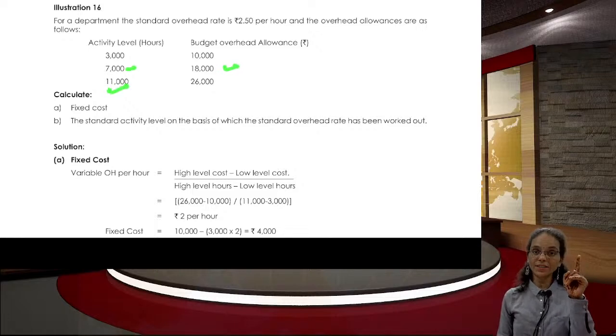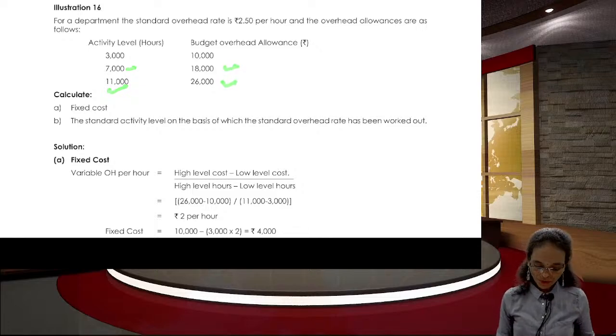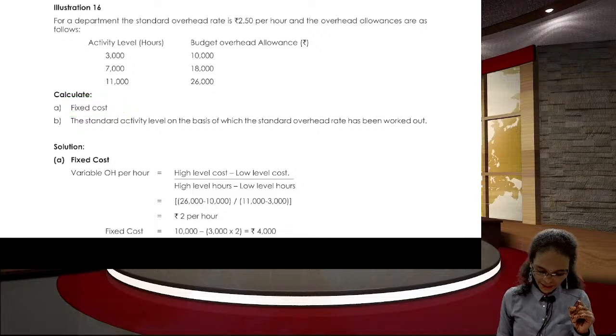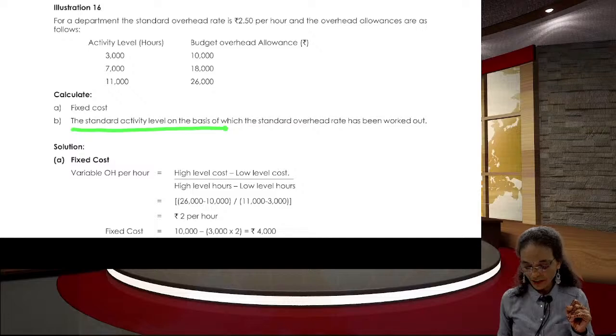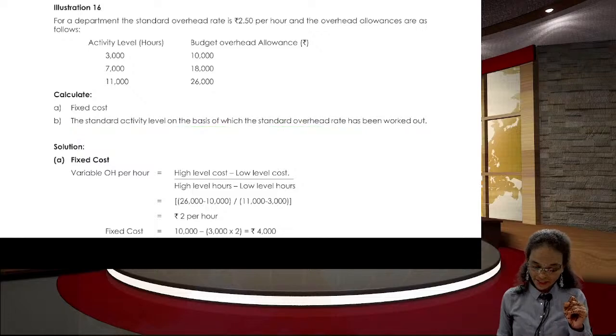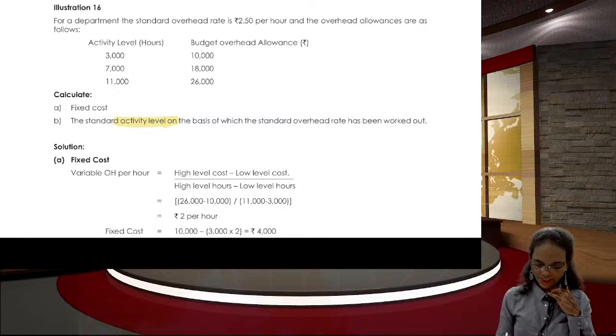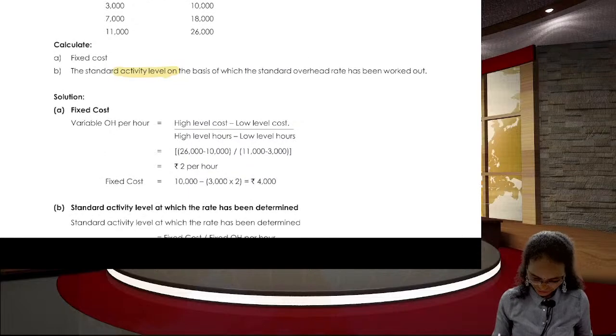When it is 11,000 hours, the amount is 26,000. What is being asked? The fixed cost. And next, the standard activity level on the basis of which the standard overhead rate has been worked out. We will see, not an issue.